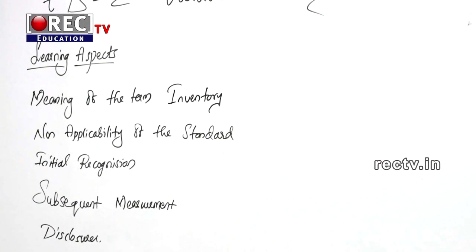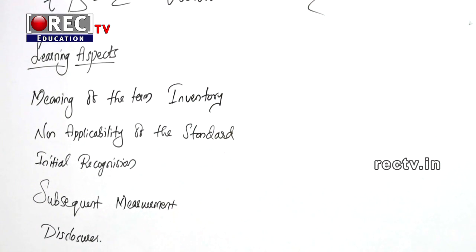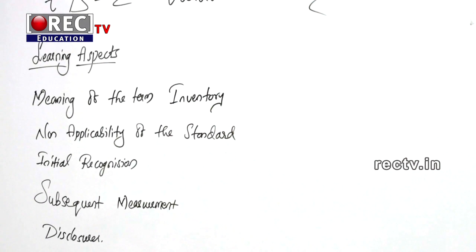Even a consumable which is consumed in the process of production or rendering of services is taken as inventory. Examples: loose tools, motor spirit for generation of power, etc. So these loose tools and motor spirit are also treated as inventory, and also as assets.